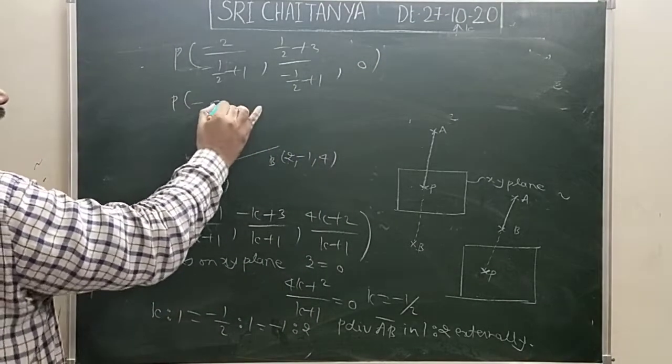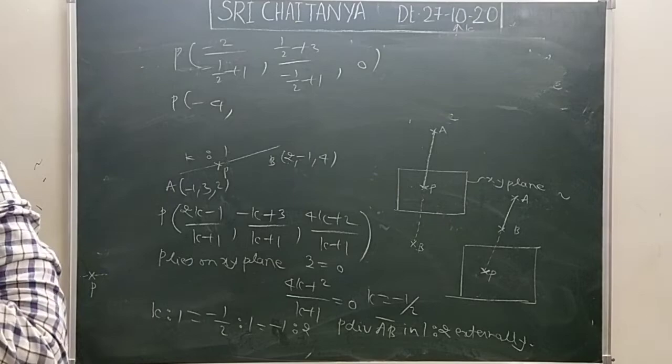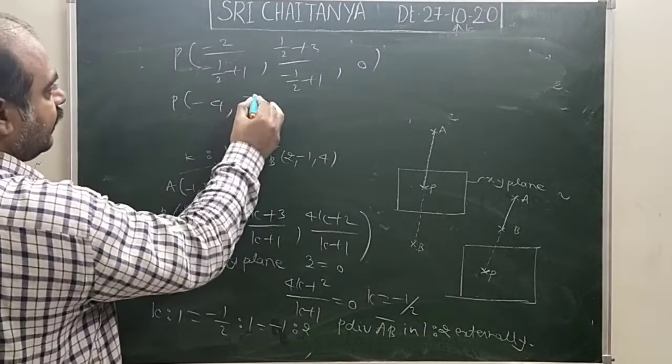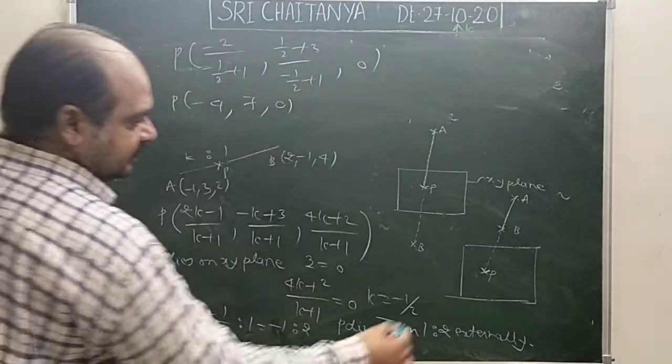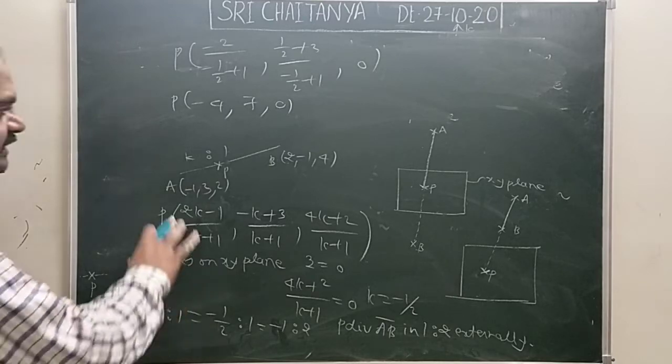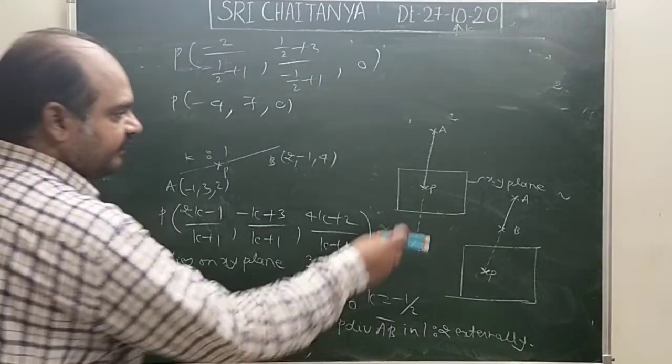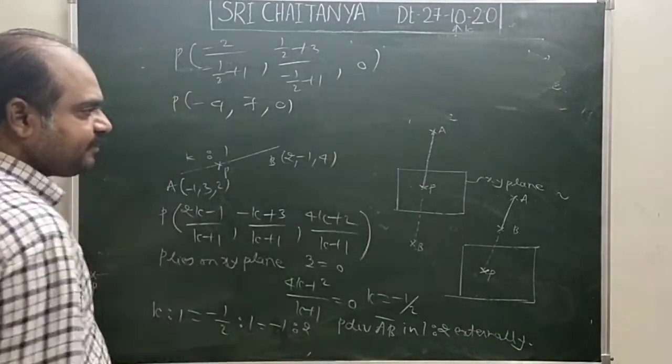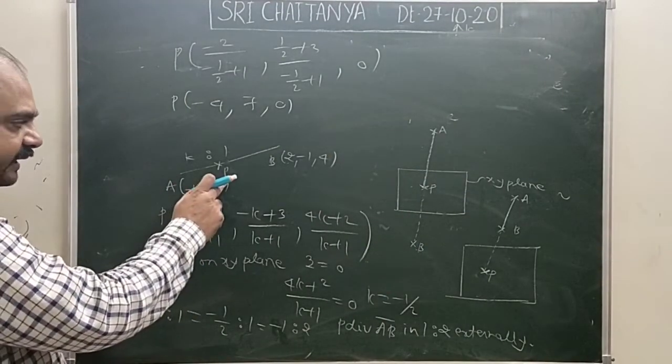That means you will get (minus 4, 7, 0). That means the line joining A and B will intersect the XY plane at P (minus 4, 7, 0). This is the general method of doing it. Whenever the XY plane, YZ plane or ZX plane is intersecting, you take that P.